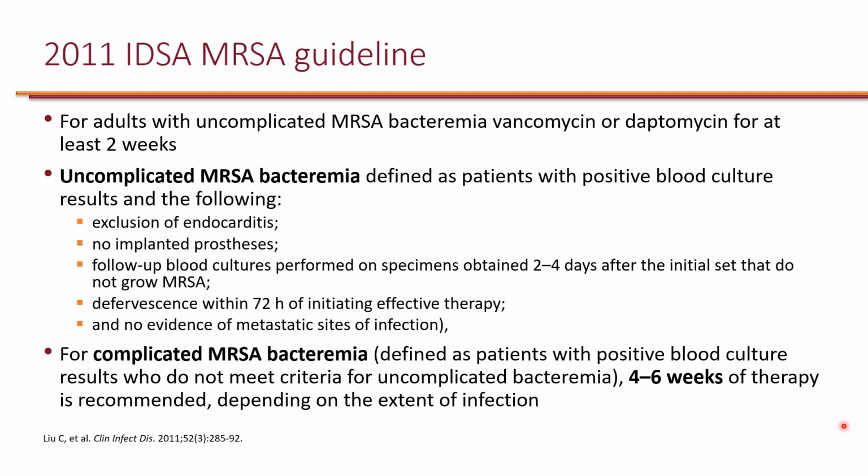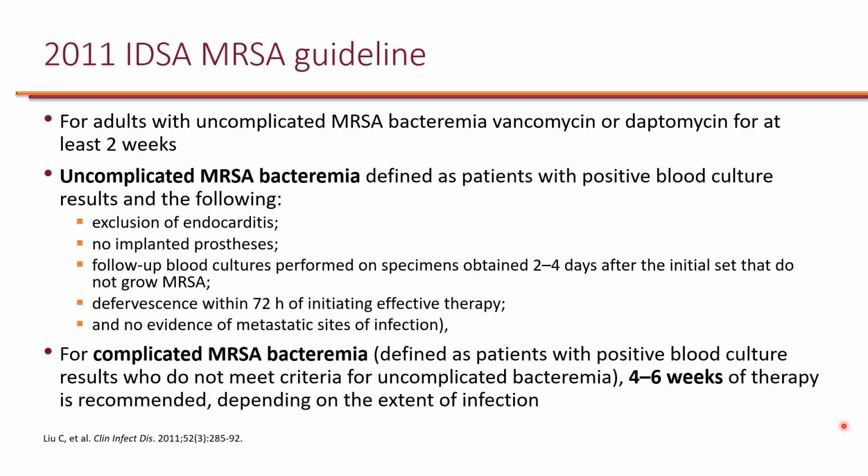For MRSA specifically, there is an IDSA guideline that was published in 2011, and it recommends that for adults with uncomplicated MRSA, vancomycin or daptomycin for at least 2 weeks is recommended.